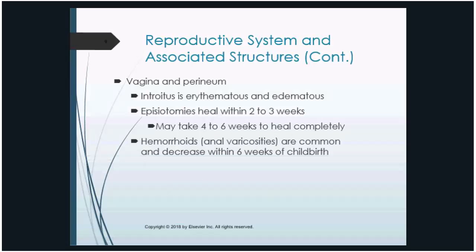Vagina and perineum. The introitus is edematous and erythematous. The episiotomy sites can take 2 to 3 weeks to heal, and may take 4 to 6 weeks to heal completely. Hemorrhoids or any kind of anal varicosities are common and decrease within 6 weeks after childbirth.